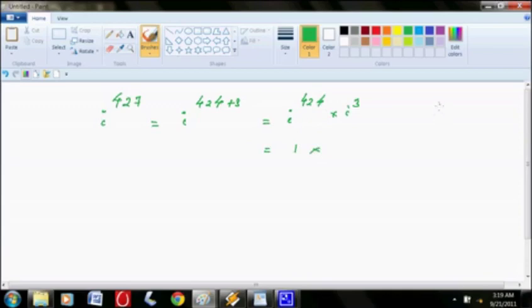For i cube, you can make out i is square root of minus 1, i square is minus 1, i cube is minus i. So this is i cube, which is minus i. Answer is minus i.